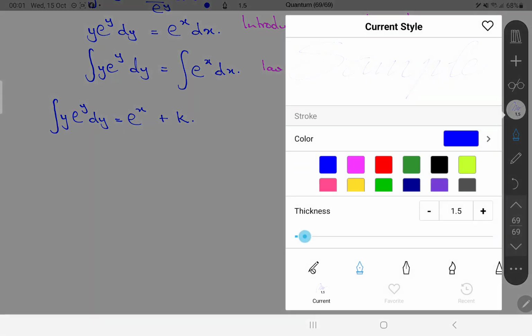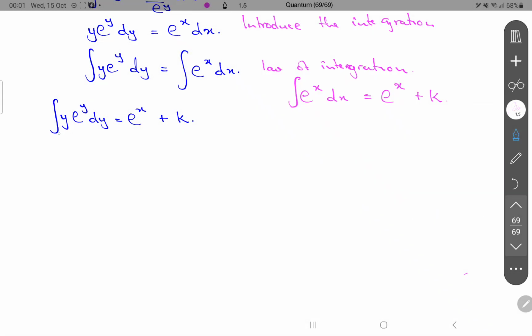So in this case, if you look at this side here, it is equivalent to the integration of u dv is equal to uv minus the integration of v du.